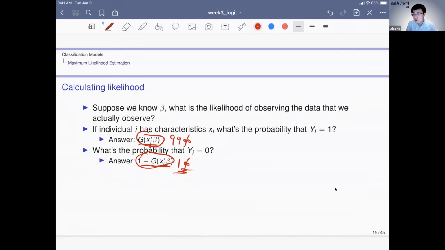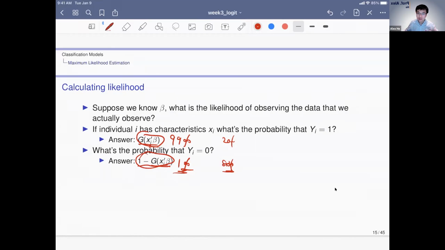So maybe for another beta, you have this probability equals 20% and this probability equals 80%. And then we would say that the other beta is better, right? Because it gives a high probability of us actually seeing y equals 0.